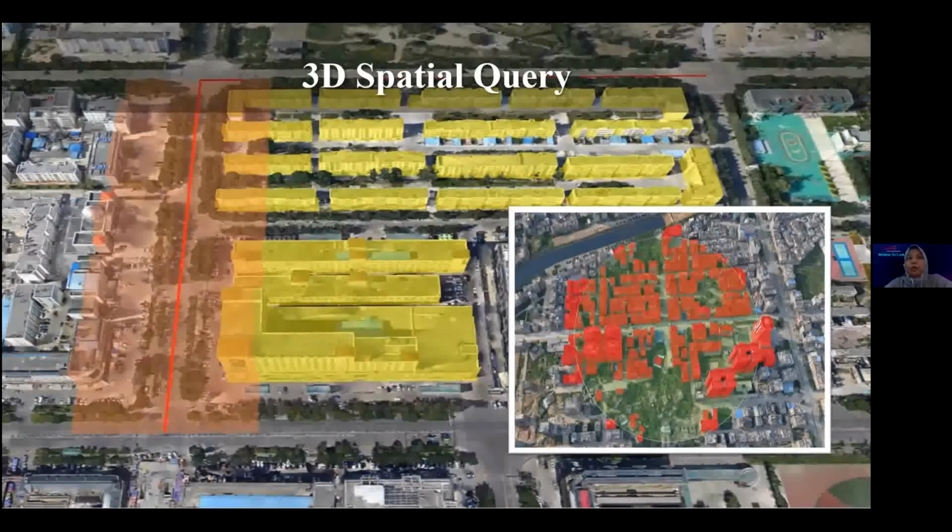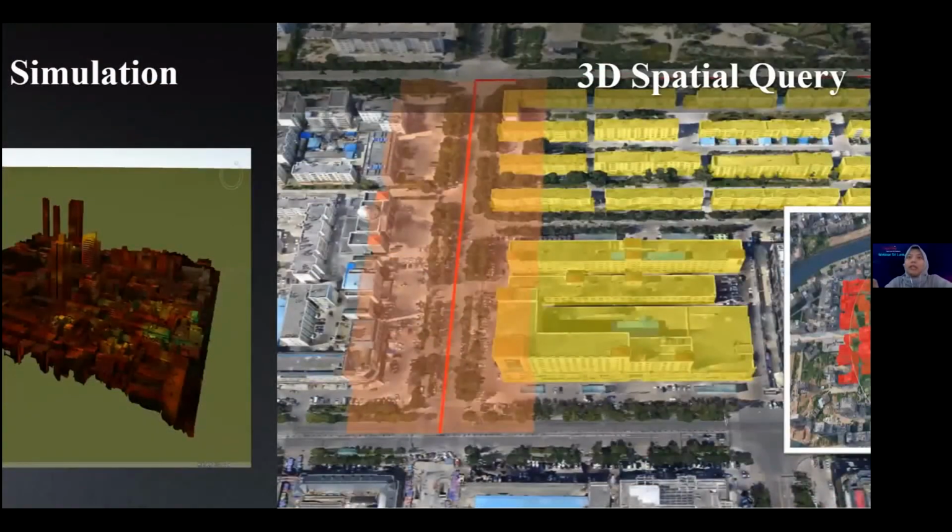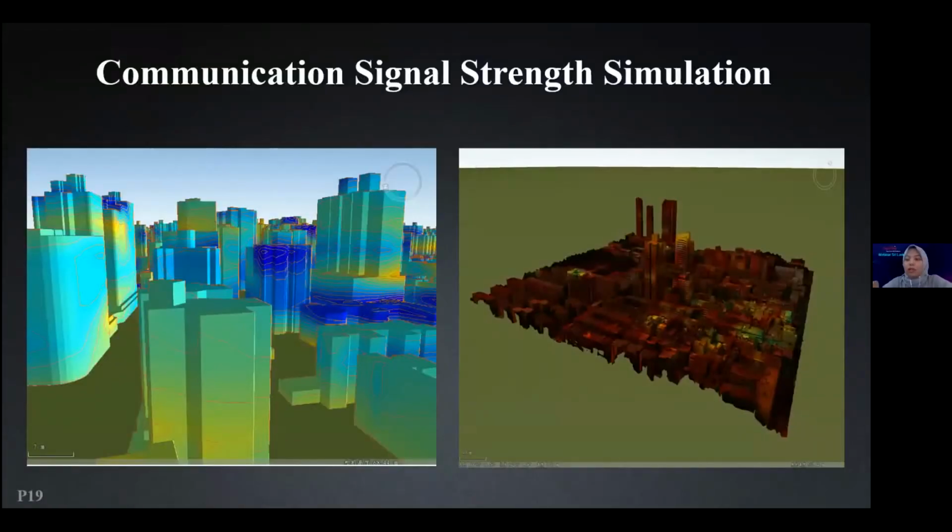Okay, next feature is communication signal strength simulations. There is a new technology called a voxel grid in GIS. A voxel grid can represent the conditions of information which cannot be seen, such as communication signals, pollution, and so on, by interpolating 3D sample data, like 3D point data.